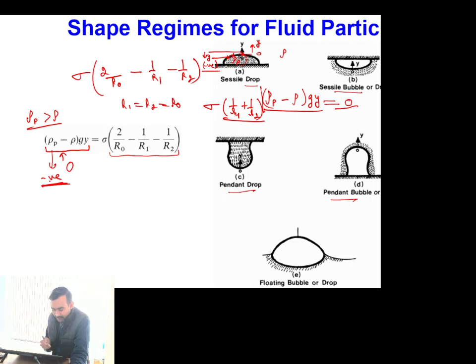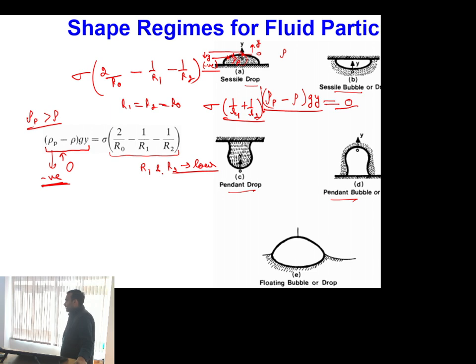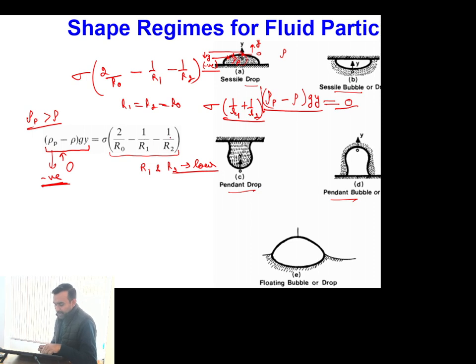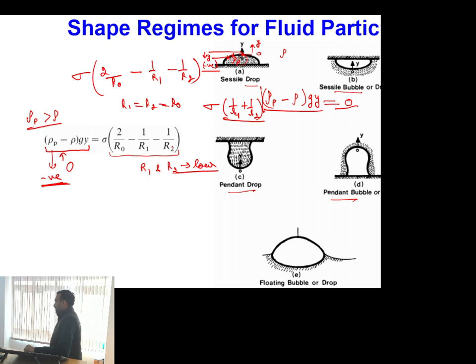Okay. When the overall term can be of negative magnitude, if value of R1 and R2 is low. Is this point clear? If value of R1 and R2 is low, then 1 by R1 and 1 by R2 term will give the larger value in comparison to 2 by R0, and overall quantity will be becoming negative.